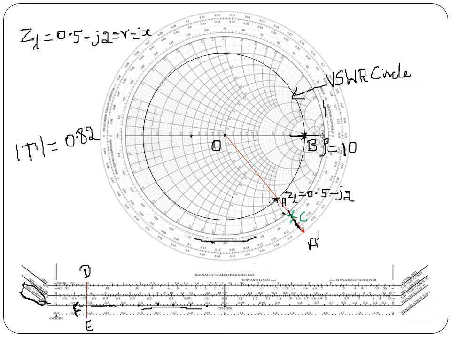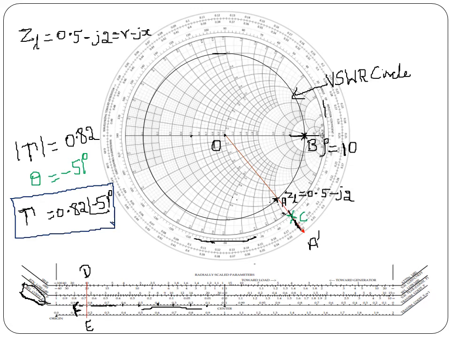At point C, the value of the phase angle is minus 51 degrees. Therefore, the reflection coefficient is 0.82 angle minus 51 degrees. This is the answer for the second problem.